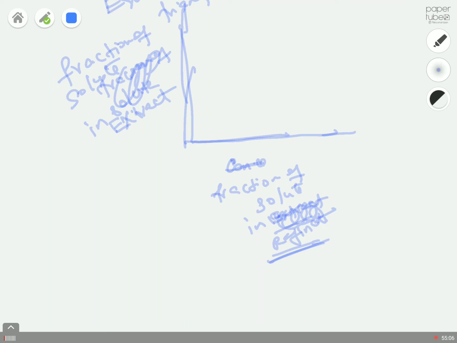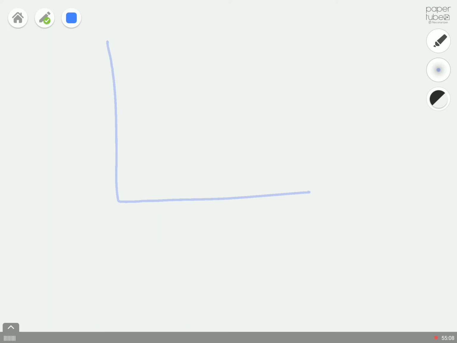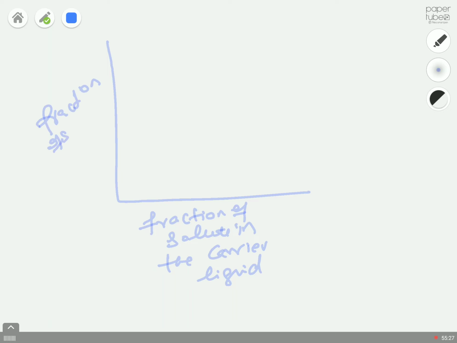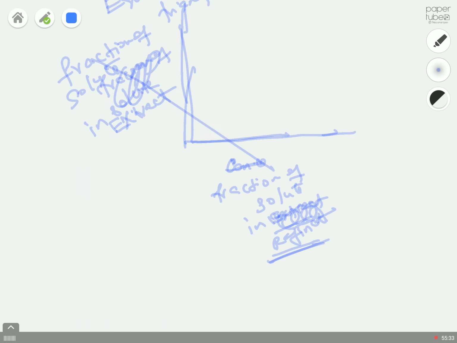Or if you want, you can call them fraction of solute in the carrier liquid and then fraction of solute in the solvent. So just ignore this one, this is not correct.